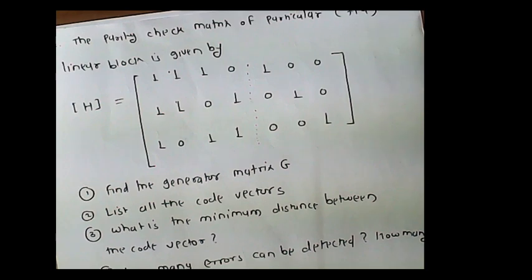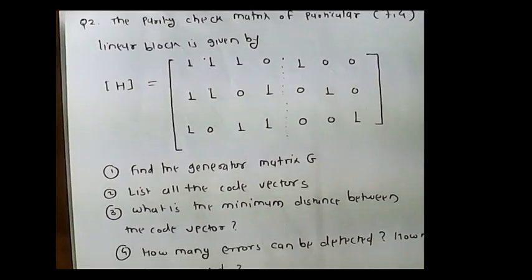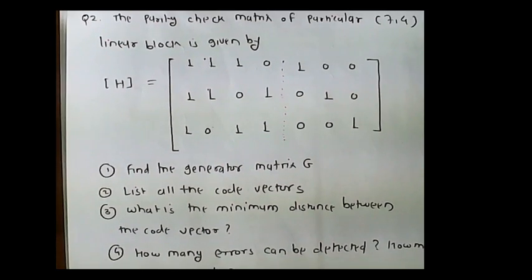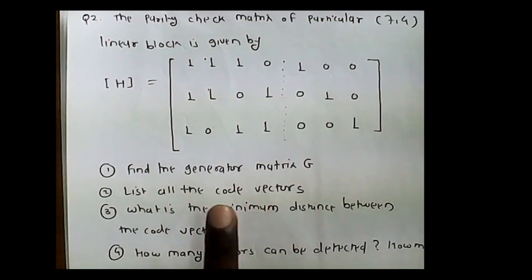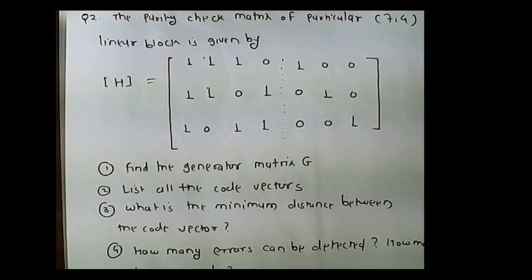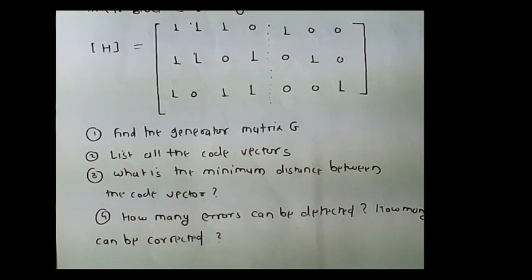We can take another example, which is based on the parity check matrix, and we find the generator matrix from the given parity check matrix, list all the code word vectors, find the minimum distance between any pair of code word vectors, and also find how many errors can be detected and corrected by this linear block code.